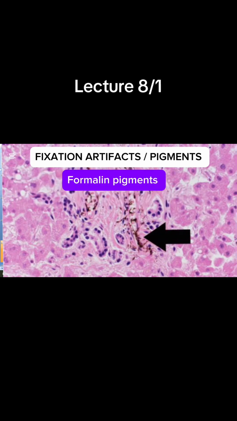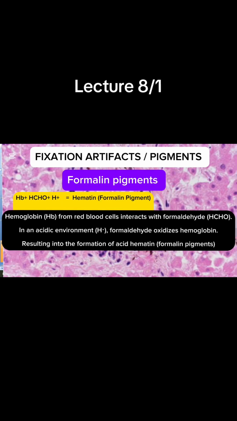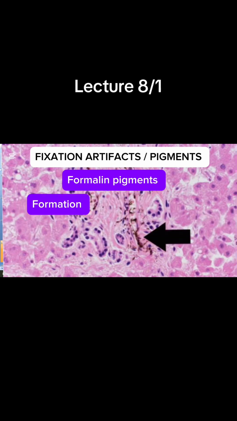So let's go straight away to formalin pigment, also known as formaldehyde heme pigments or acid formaldehyde hematin. Formalin pigments are dark brown to black pigments that can form in tissues fixed in formalin. These pigments are formed under the following conditions.